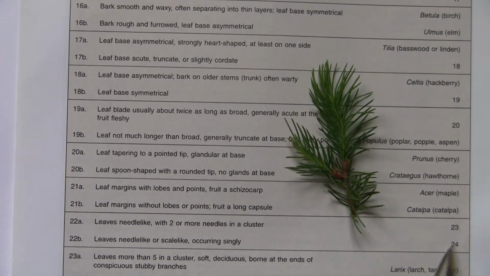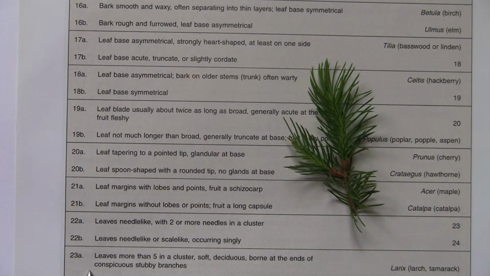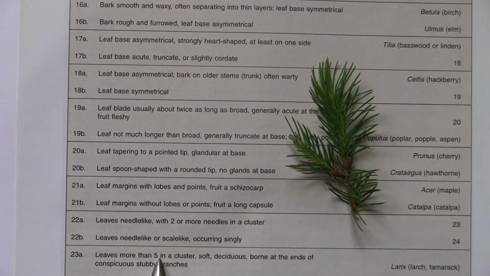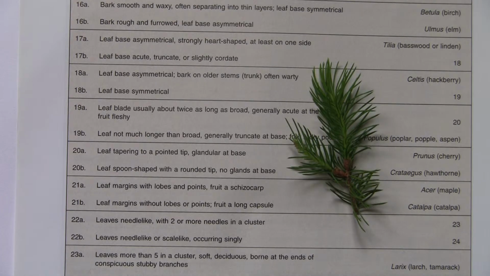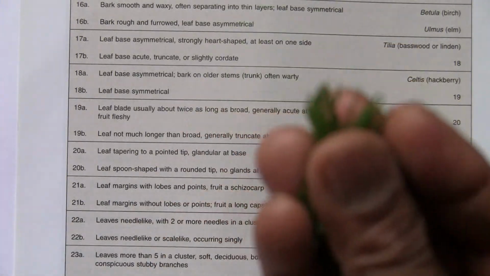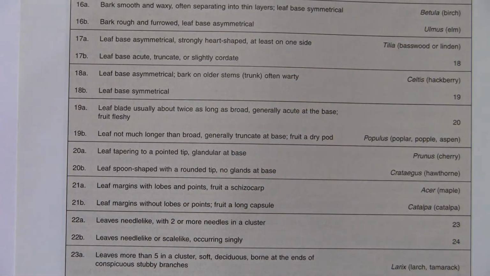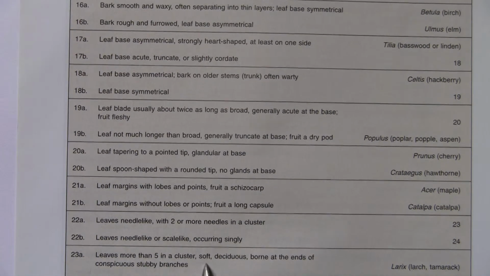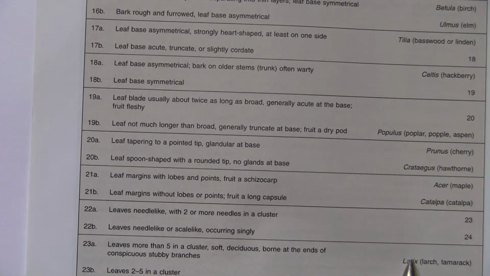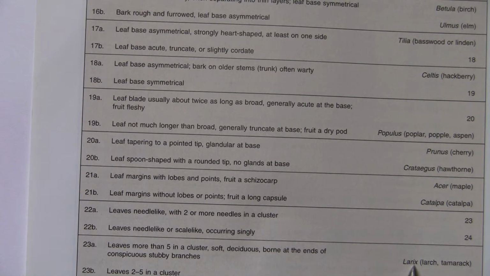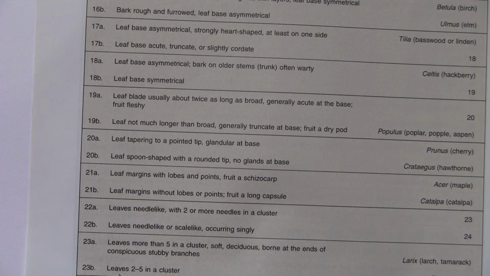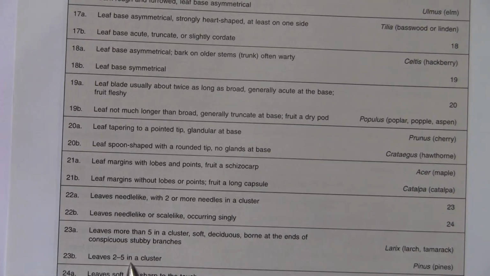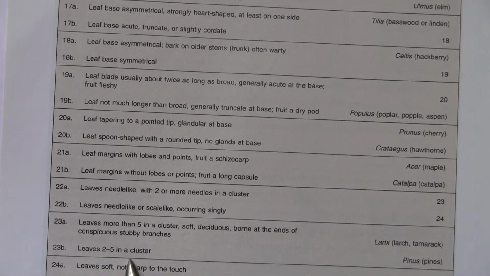23. So we go to the 23rd set, or the couplet as we call it: leaves with more than 5 in a cluster, soft and deciduous. Obviously, this one is a soft specimen, and therefore my specimen seemed to be exactly what you see on the screen, Larix. But as I said, we must read the second one too. It says leaves in 2 to 5 in a cluster.